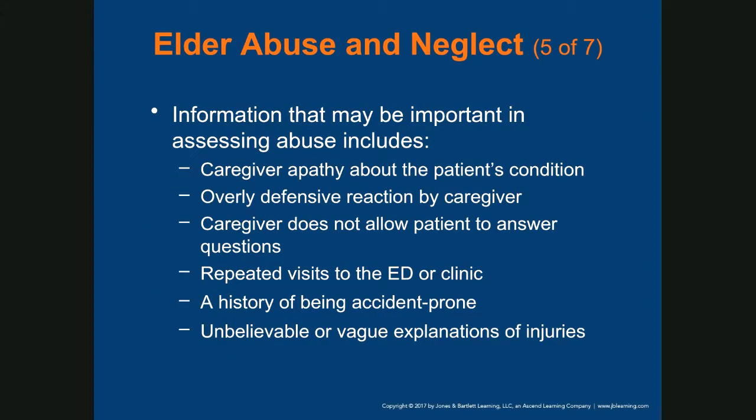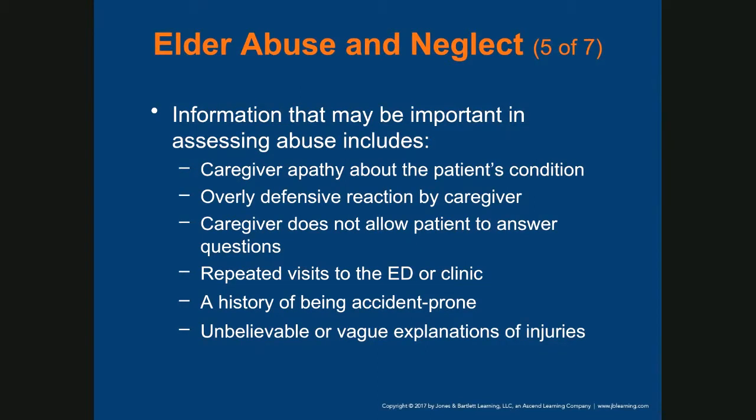All right, now information that may be important in assessing abuse includes caregiver apathy about the patient's condition. They don't seem very concerned, right? They get very defensive. They are not giving the patient a chance to respond to your questioning.